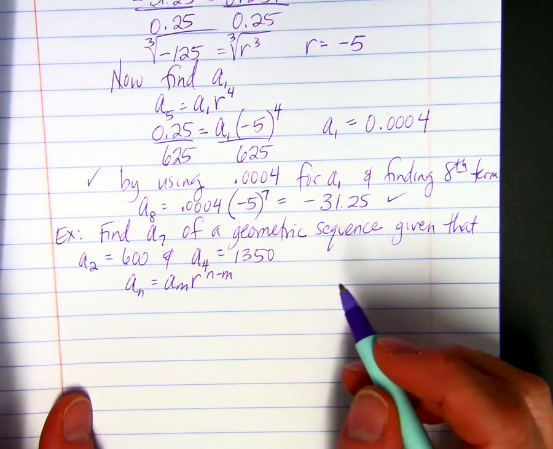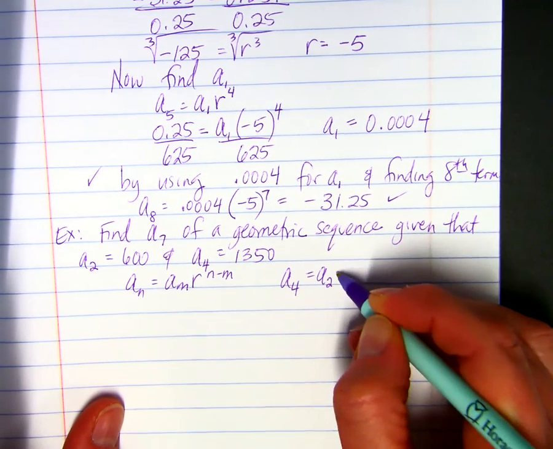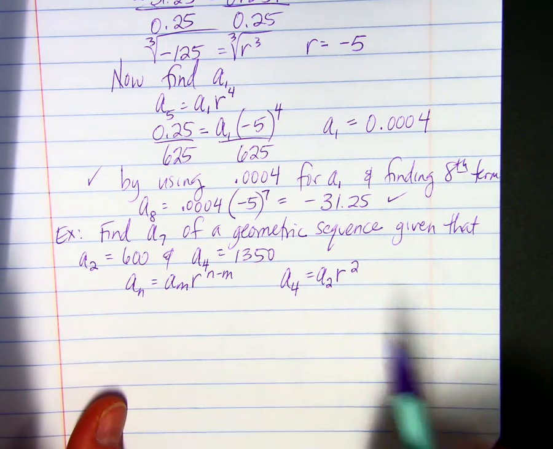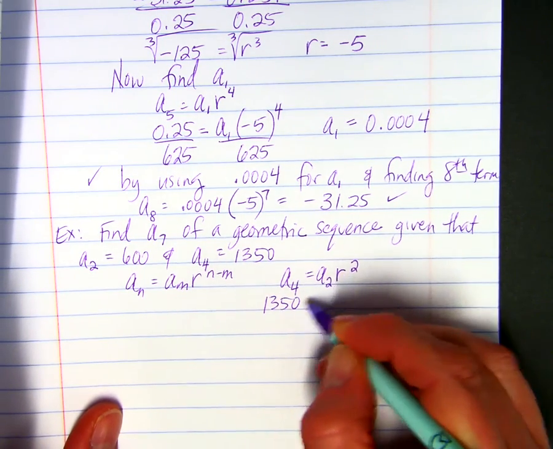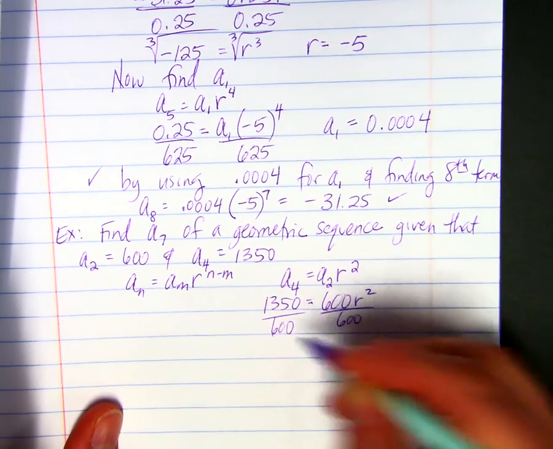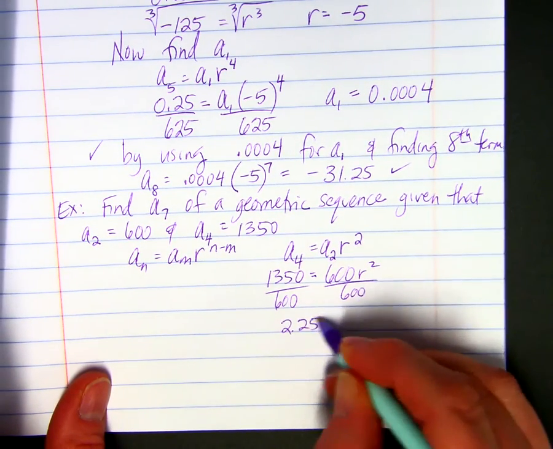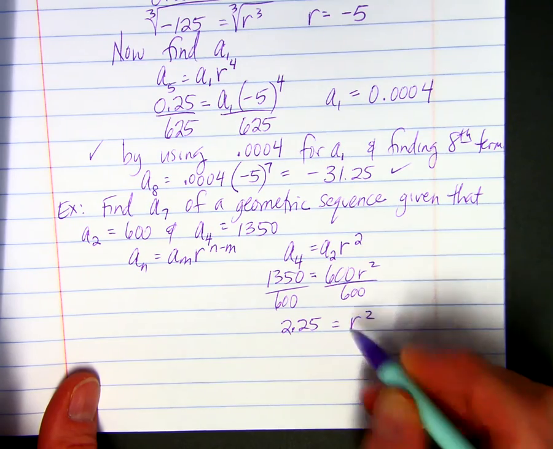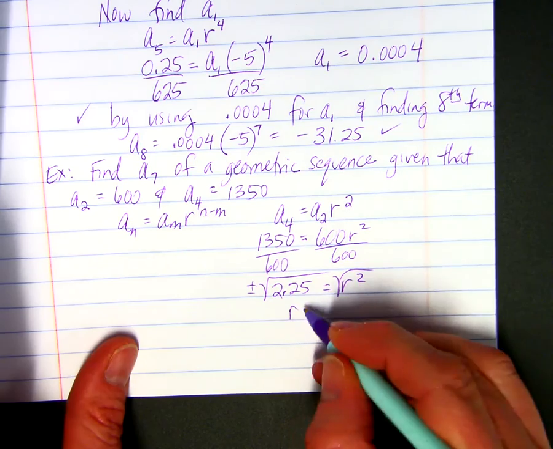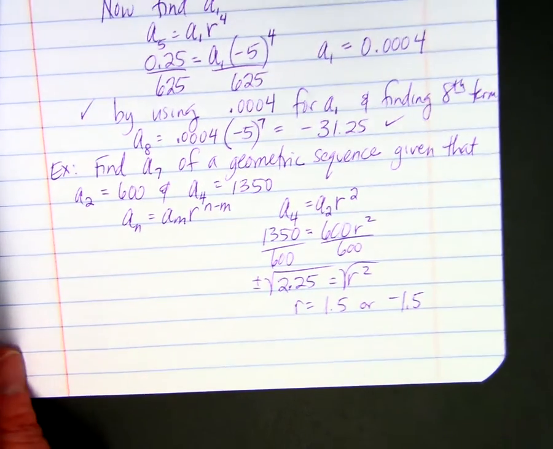So we'll do our a sub 4 equals a sub 2 times r squared. So we'll do 1350 equals 600 r squared. Divided by 600, that gives you 2.25. Then you take plus or minus the square root of 2.25. So r could be either 1.5 or negative 1.5.